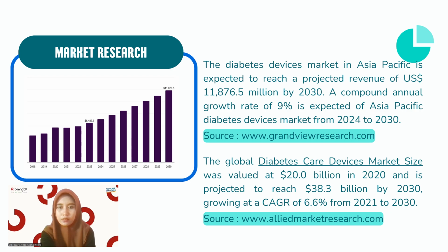The global diabetes care device market size was valued at 20 billion US dollars in 2020 and is projected to reach 8 billion US dollars by 2030, growing at a CAGR of 6.6% from 2021 to 2030.